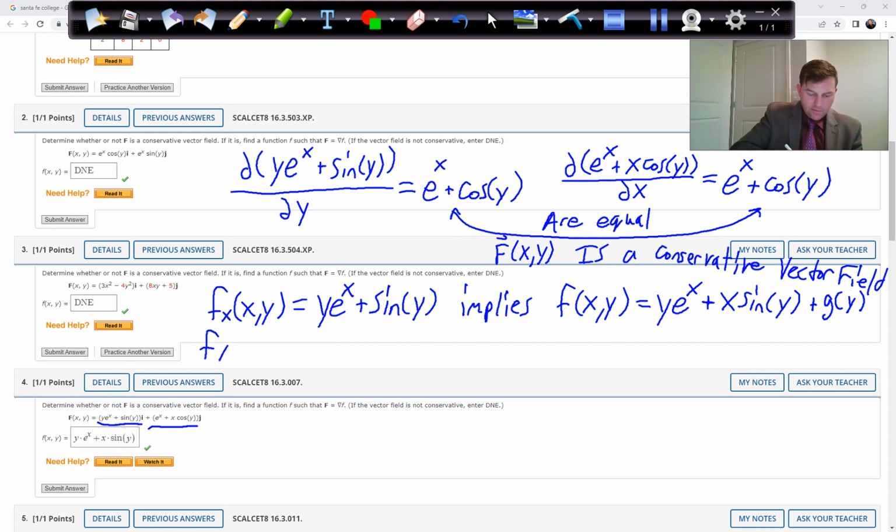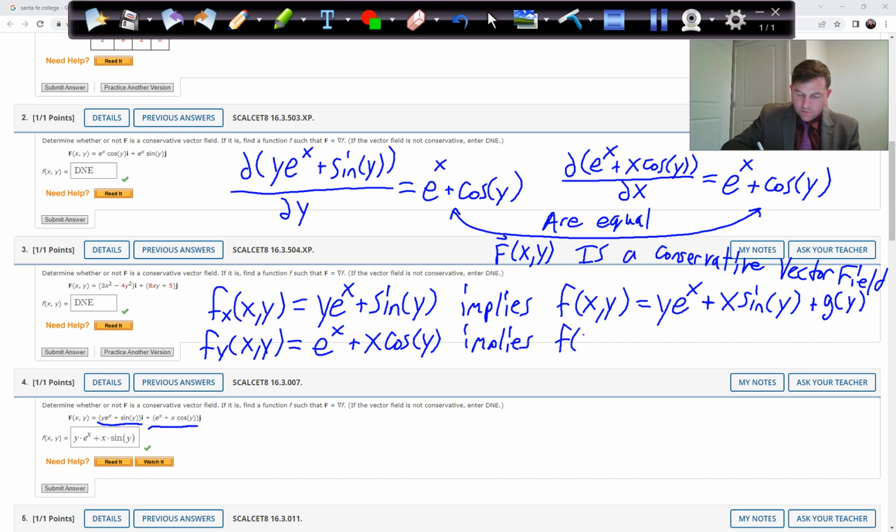Similarly, we're going to say f_y of (x, y) would equal the j component of the vector field F, so it's e^x + x cos y, and that implies that the original function f(x, y) would equal the antiderivative of e^x with respect to y, which would be y e^x.